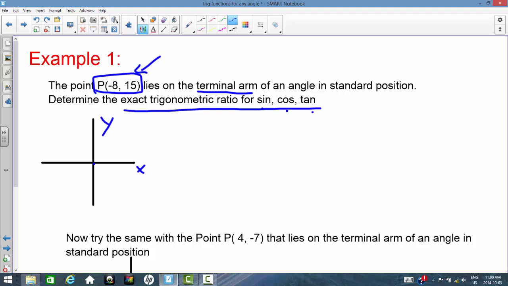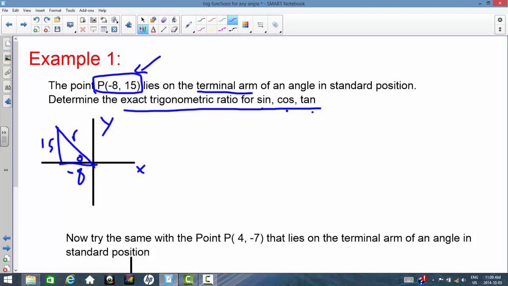So here it is, and we go minus 8, which is this way. Then it says 15 for y, so that's going to be that way. Here is our triangle, and here is our angle. So this is 15. Now to find out what this r is, again, we use the Pythagorean theorem.